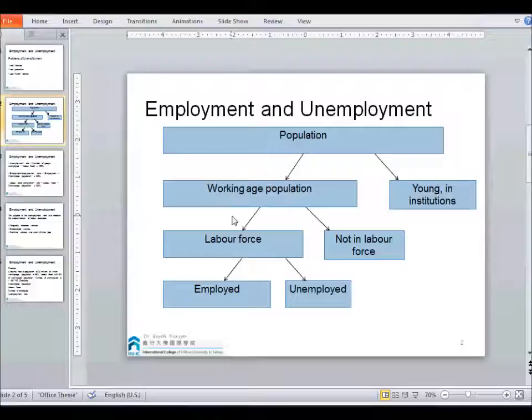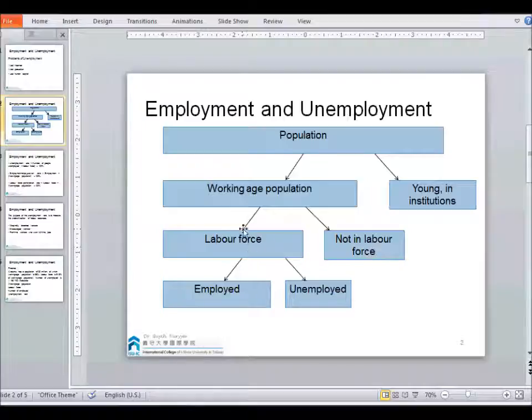Now back to the working age population. It's further divided into the labor force, those people who are either employed or unemployed, and those people who are not in the labor force. Those people who are not in the labor force are not employed, of course, and they're not even looking for a job, for whatever reasons. Well, maybe they have enough wealth of their own not to be looking for a job.